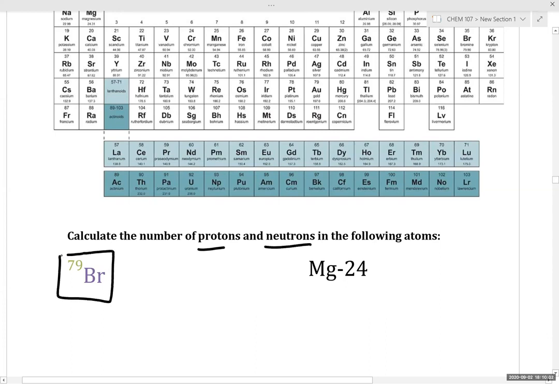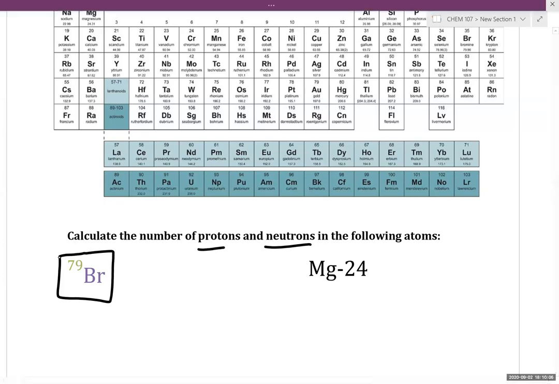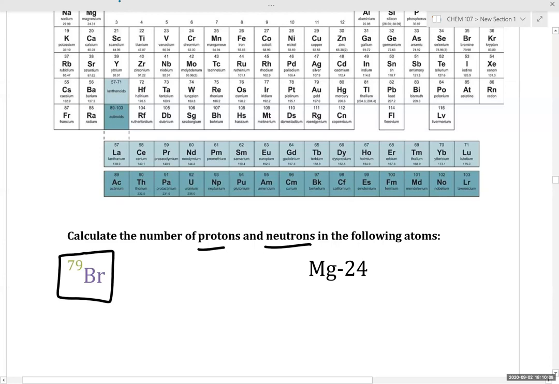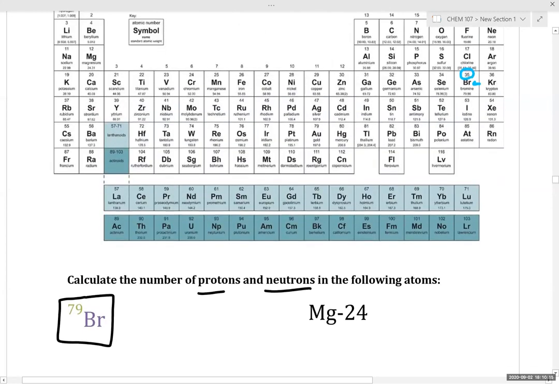So bromine 79. My first order of business is to find bromine's atomic number. I found bromine and the atomic number is above my element symbol, so I'm going to fill that in. So I know that my number of protons is equal to 35. That's easy.